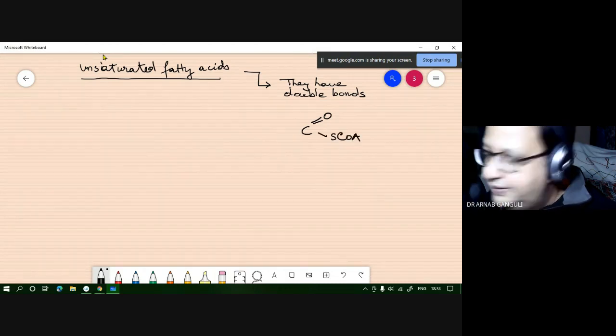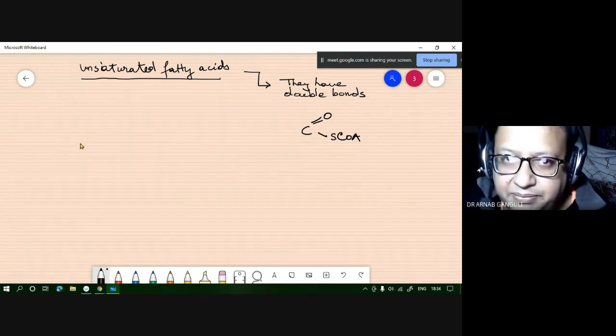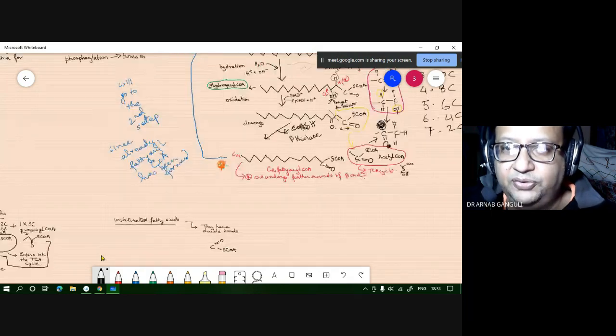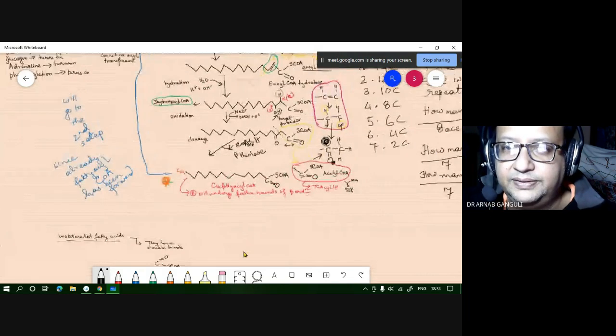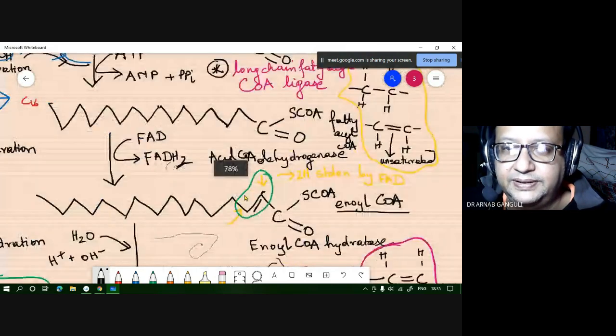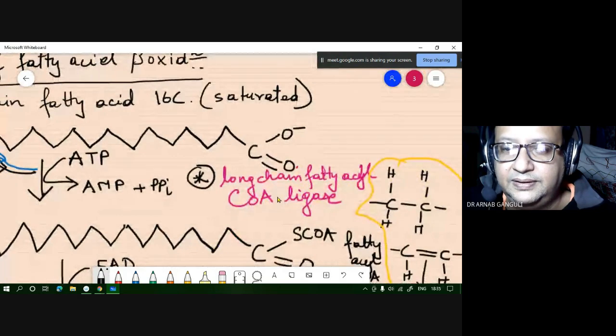I'm just showing you the before photograph of a saturated fatty acid. COSCoA, fatty acyl.